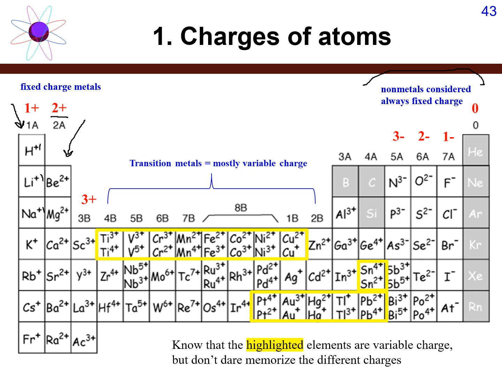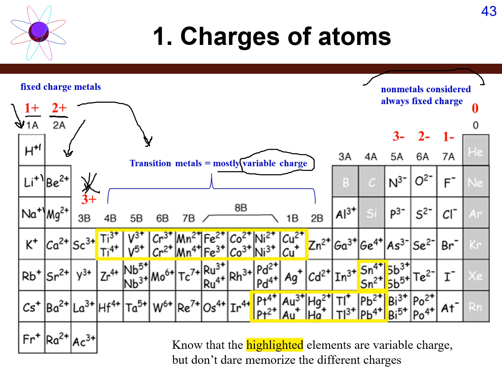Group 3, which is actually considered group 3b, all has a +3 charge. The truth is we really don't talk about this group very often. What I would do is focus on first group +1, second group +2, and then here in the middle we go to transition metals. The ones that are highlighted in yellow are what we call variable charge metals.